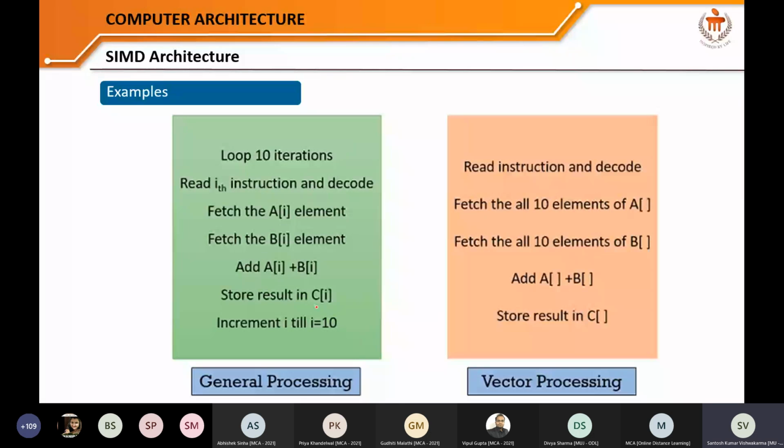In general processing, if you have to add A plus B over 10 iterations, you read and decode the instruction, fetch the ith element, and then add. You store the result in C, and this is iterative. You execute it 10 times in a loop structure, for i to 10, and every time i is incremented by 1: from 1 to 2, then 3, and so on. So this is a general processing system.